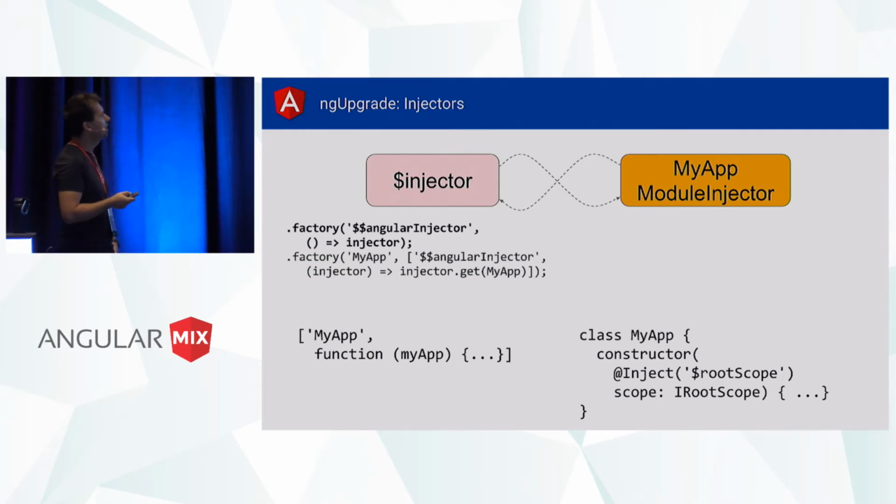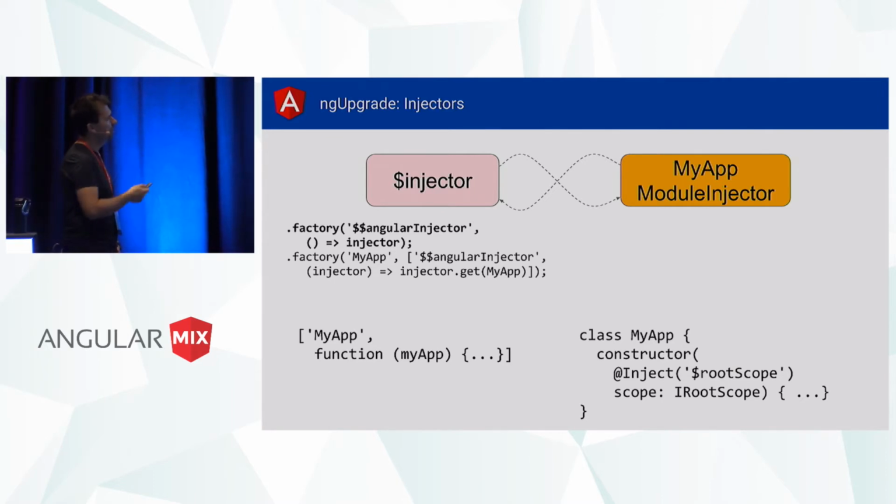And then we can go ahead and set up a factory that says if somebody asks for my app, it's the same exact thing as going to the my app module injector and getting a my app by that token. Notice that Angular uses types as tokens, whereas AngularJS uses strings. So there's this kind of mapping that has to happen between a string and a type.